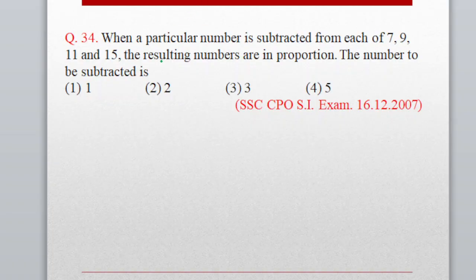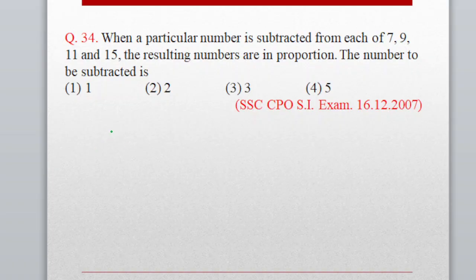Question number 34. When a particular number is subtracted from each of 7, 9, 11 and 15, the resulting numbers are in proportion. The number to be subtracted is... now listen, I have to solve this question by two methods. First, the general method.